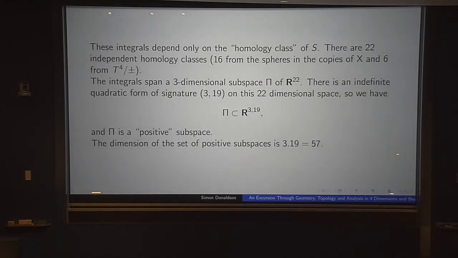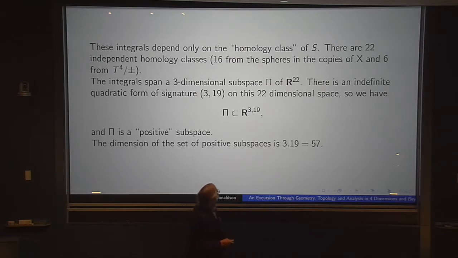And these actually depend upon what's called the homology class of the surface. So if we deform the surface slightly, then we don't change these integrals. On the K3 manifold, it turns out there are 22 independent homology classes. 16 come from the 16 small spheres we had in the copy of X, and 6 come originally from the 4-torus.